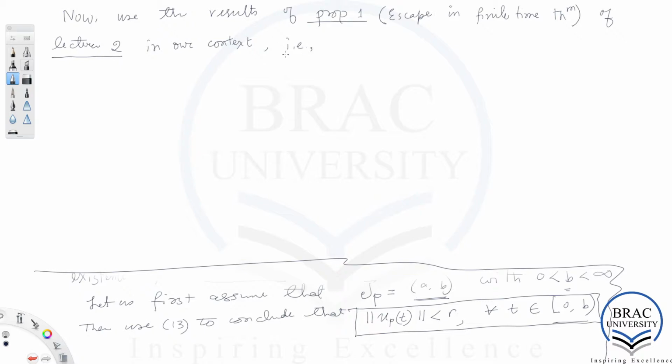That is, since b is a finite, strictly positive real number, there does not exist any positive epsilon such that whenever T belongs to this open interval b minus epsilon to b, UP of T will not belong to this compact set, the closure of this ball BR0, which is of course a compact set.